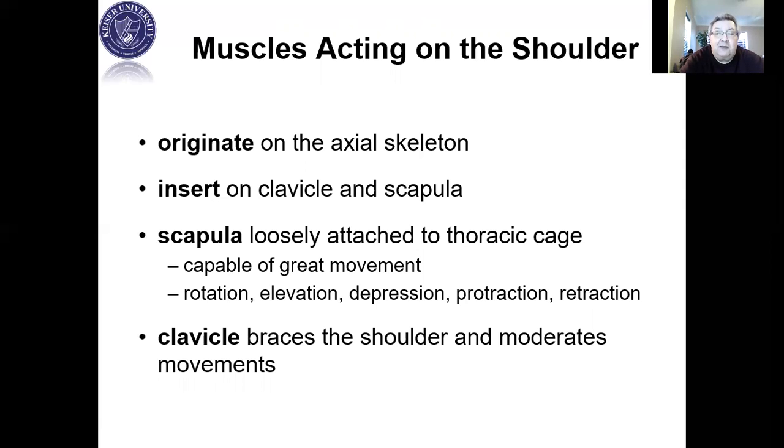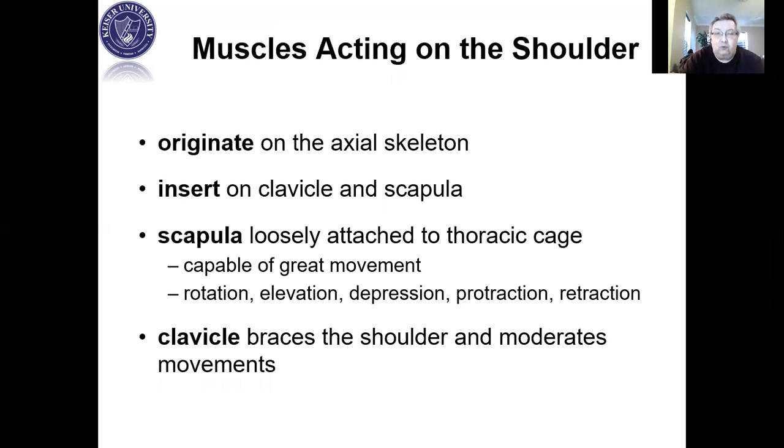Now, the scapula is basically loosely attached to the thoracic cage. It's not a true joint. They call it a false joint, because it has an articulation with the thoracic cage, but it's not a true joint like the humeral head in the glenohumeral fossa or the head of the femur in the acetabulum.